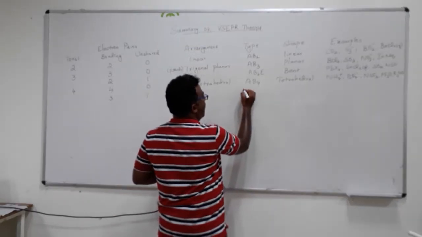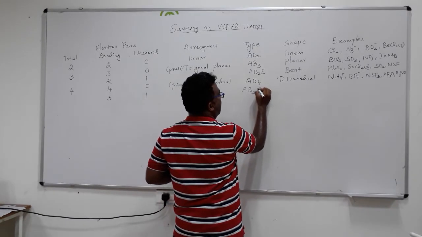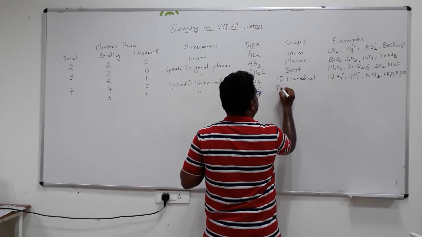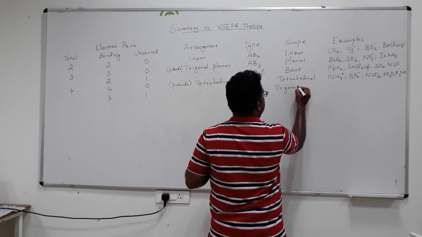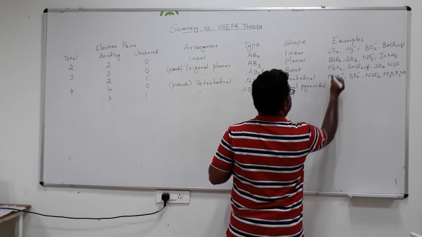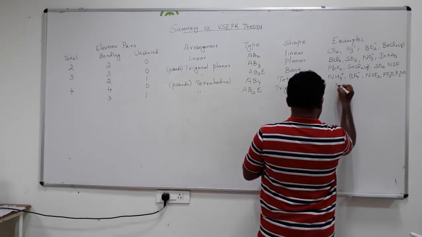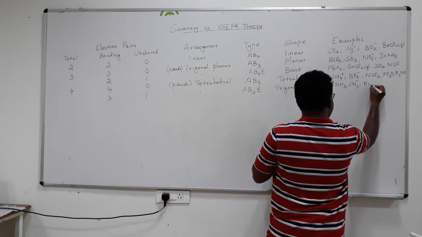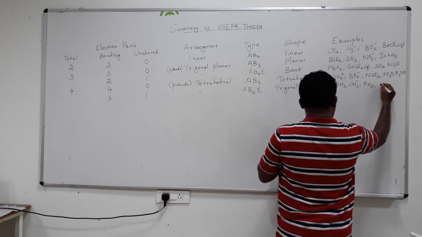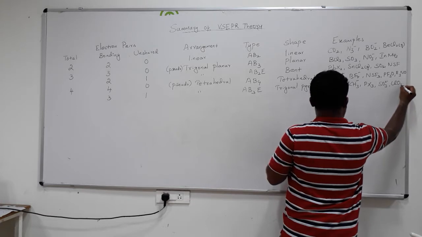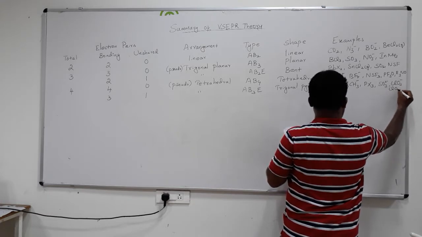The molecule is AB3E, and we call that shape pyramidal. Examples are ammonia, methanide ion CH3 minus, various halides of phosphorus, sulfite ion, chlorate ion, and ClO2F.